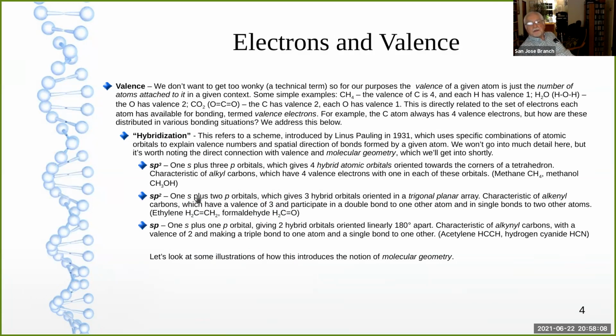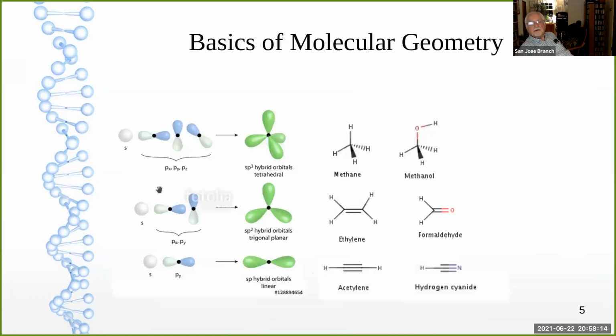sp2 orbitals means you take one s and two p orbitals. So we just go to the next thing here, and again, a spherical s orbital and then two of the same p orbitals, but now they're only oriented in the xy plane. So you get something that is trigonal planar.